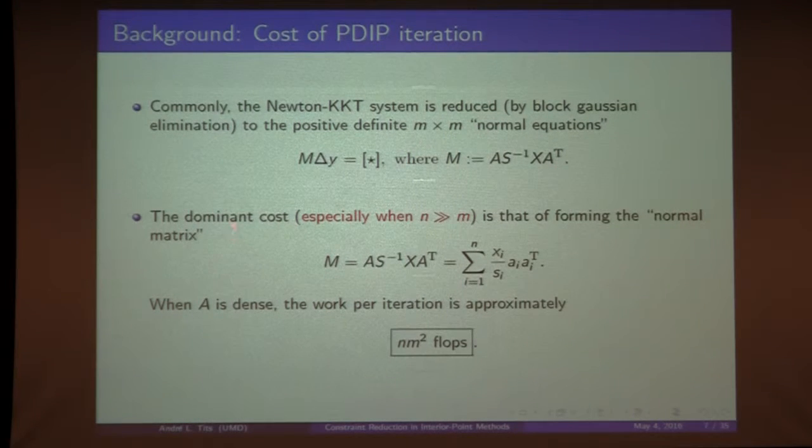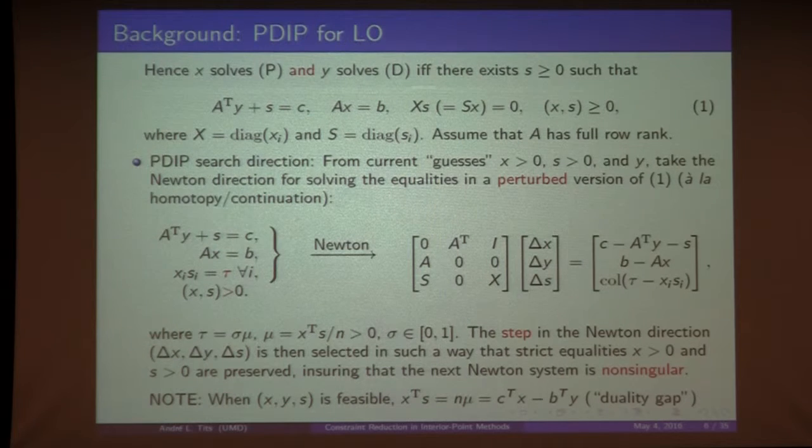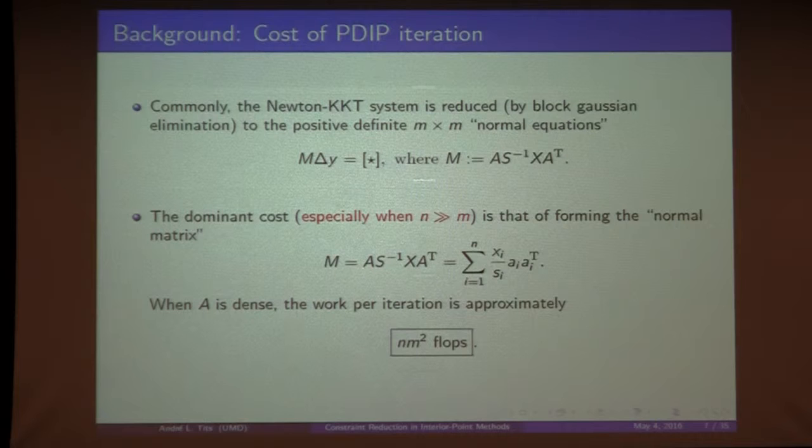Now, the dominant cost in one iteration, by the way, is computing these directions. The line search cost is much lower. Solving the system is the dominant cost. You can solve it by first doing block Gaussian elimination formally, and you end up with this system, which is size only m cross m compared to before.